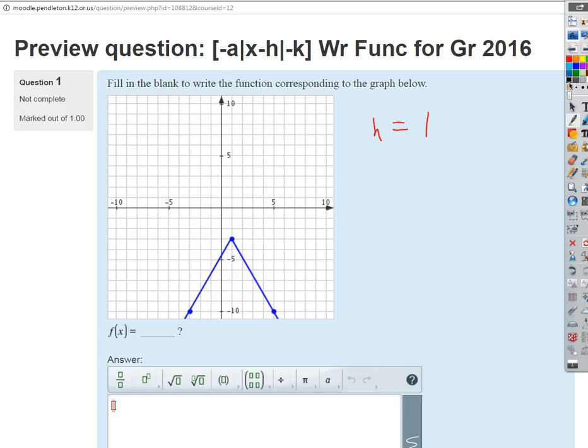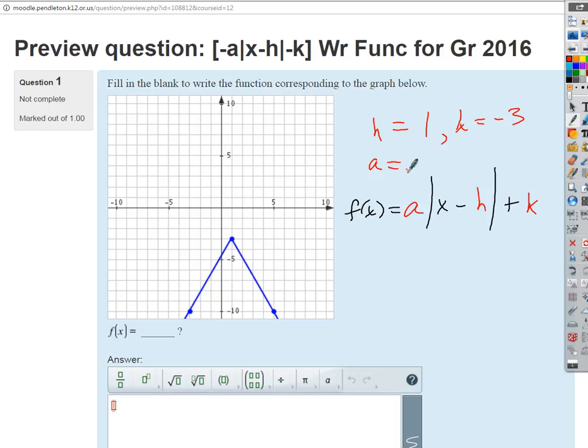But when we plug it into our template, it looks like A times the absolute value of X minus H, right? So that's where we're going to get the minus 1. H itself is positive 1, though, right? Okay, so H is 1. What's K? Negative 3.